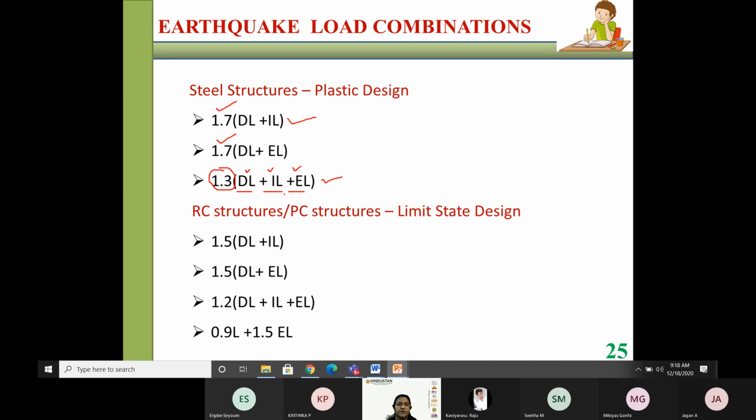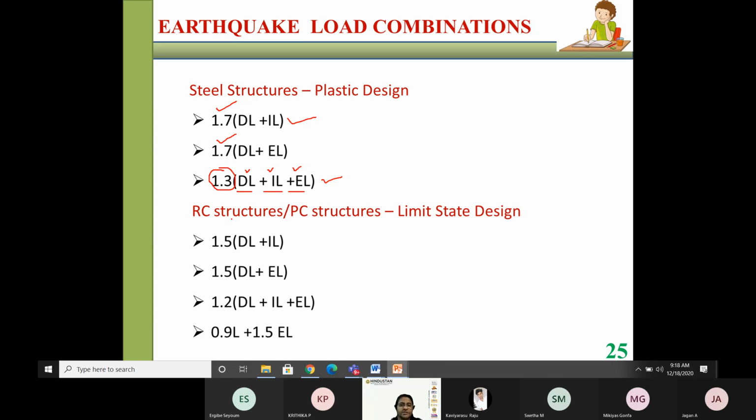Okay, I hope you understood. Yes, ma'am. Because the chances of all these three loads occurring together in a building is less compared to the previous two cases, we can have a less factor of safety. The load can be reduced.